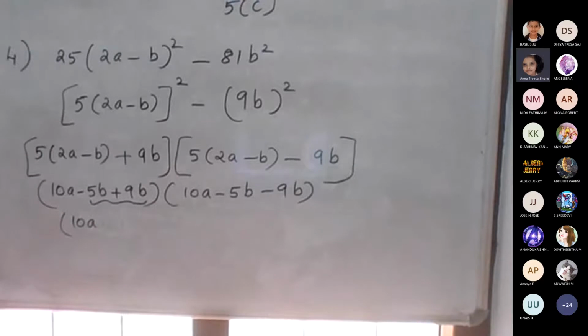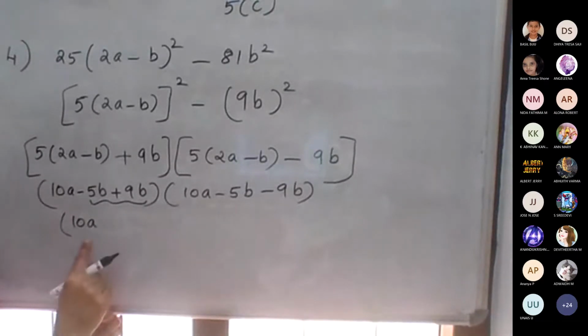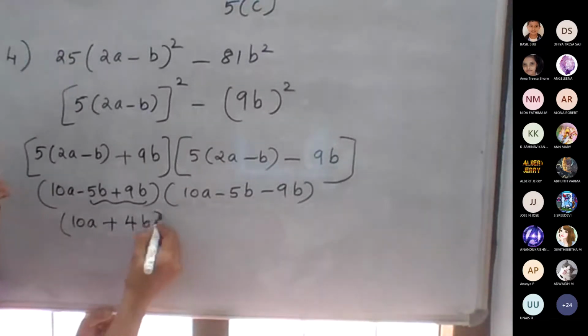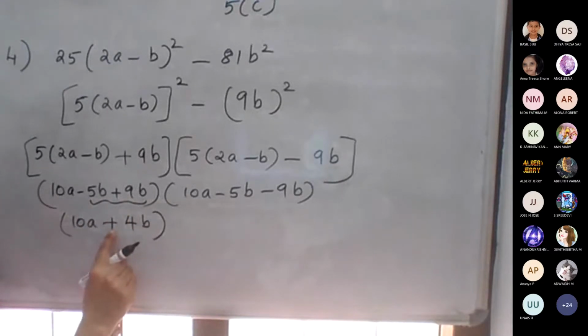Ma'am, positive. Yes, 10a plus 4b, very good. One side is positive, the other side is negative, so subtract and put the bigger number's sign. The bigger number is 9, so positive.